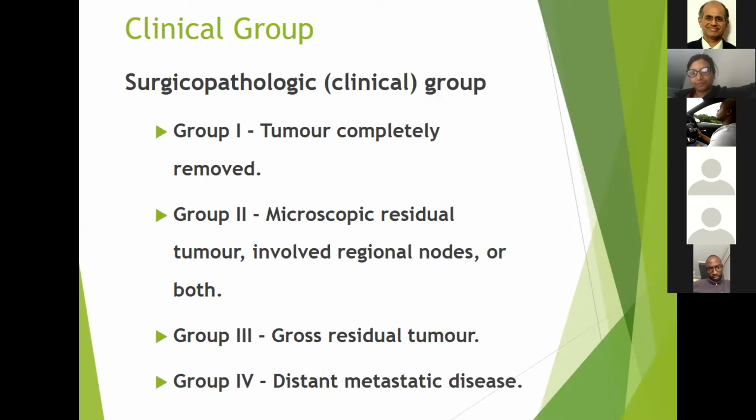So group 1 is basically for the tumor that has been completely removed, whereas group 2 is when there is microscopic residual of the tumor, or there is involvement of the nodes, or you have them both, or one of the two. In group 3, you have gross residual tumor on the site. And then group 4 is a distant disease.